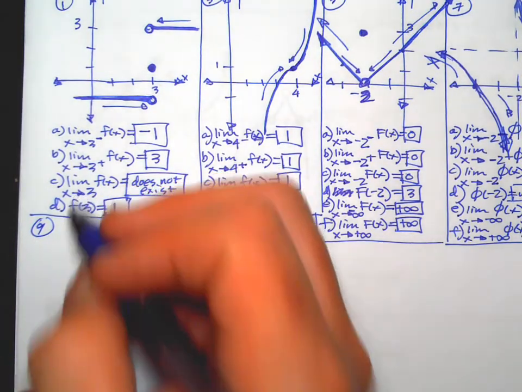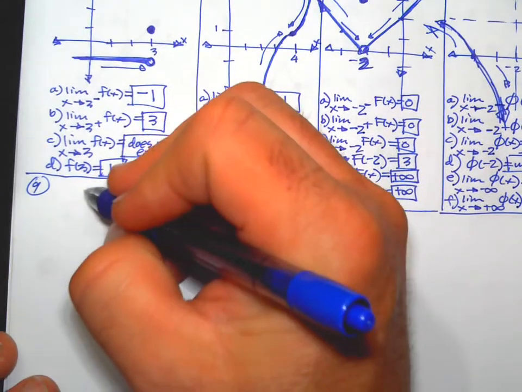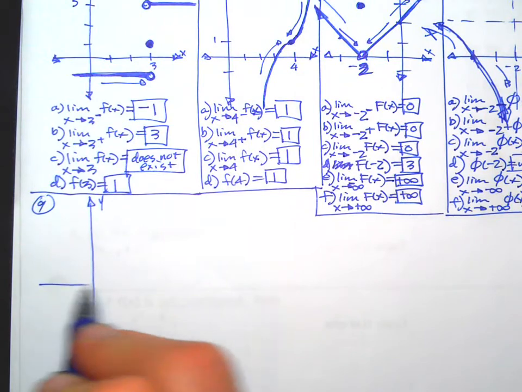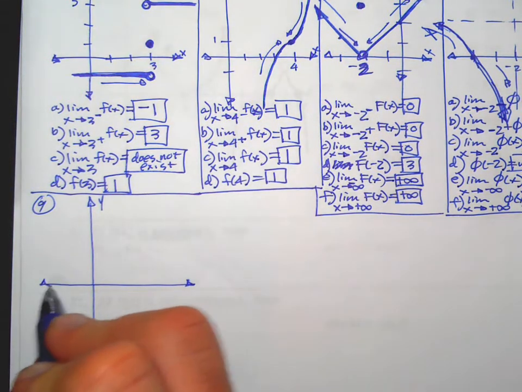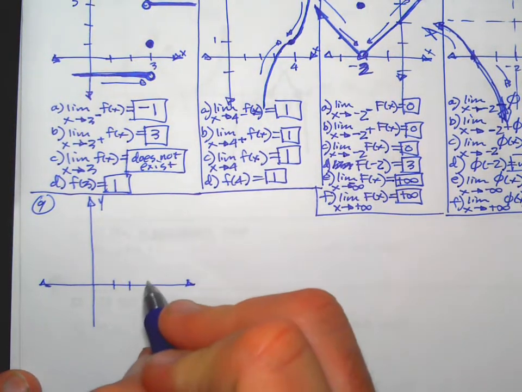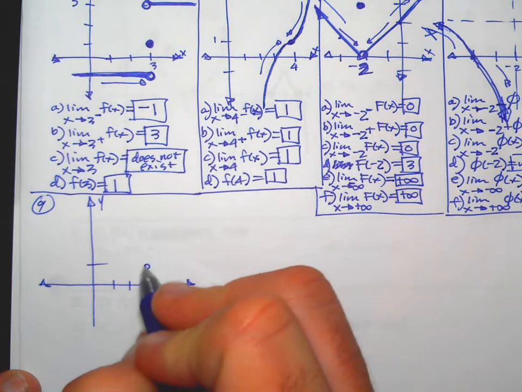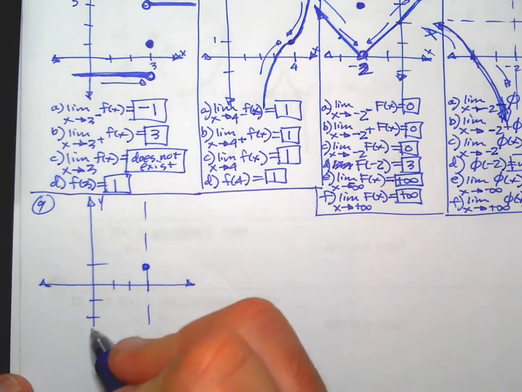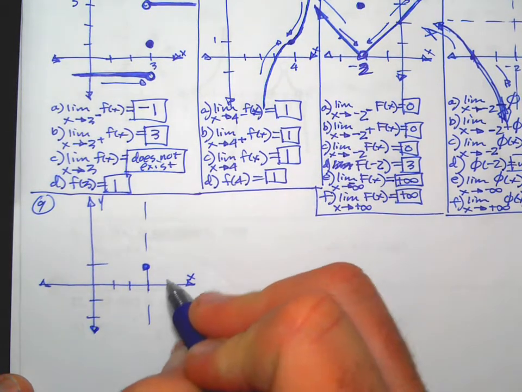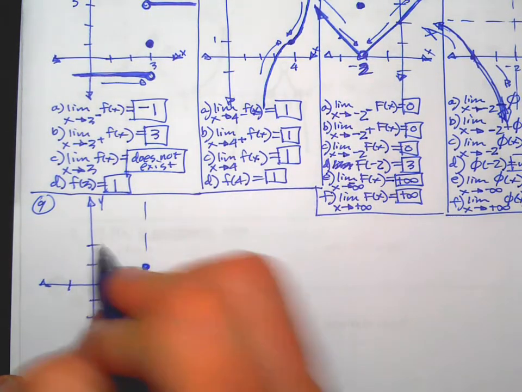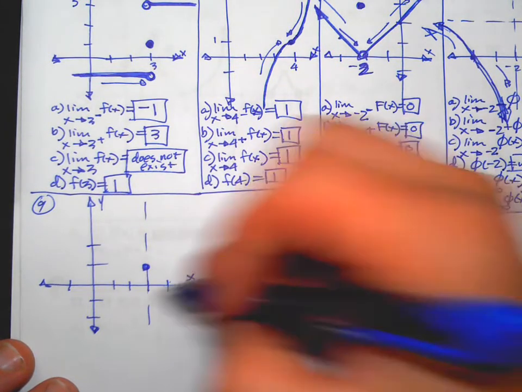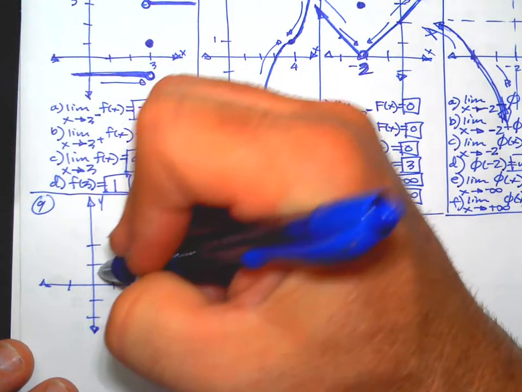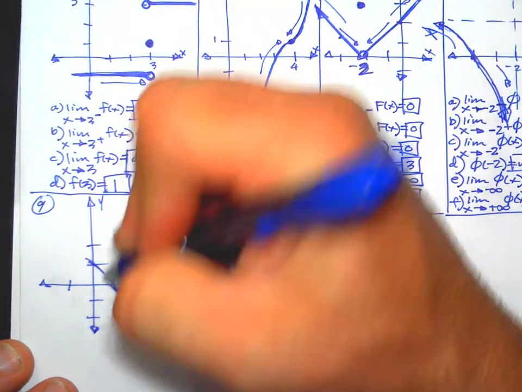Number 9. So there's a function here. Sketch it. Okay, so this graph kind of looks like it's going like that.